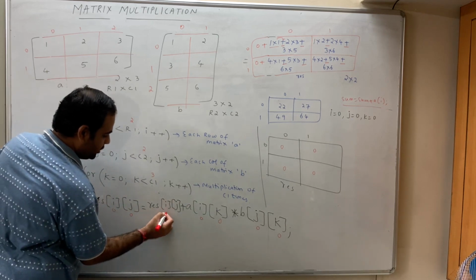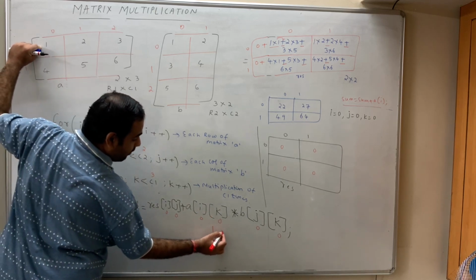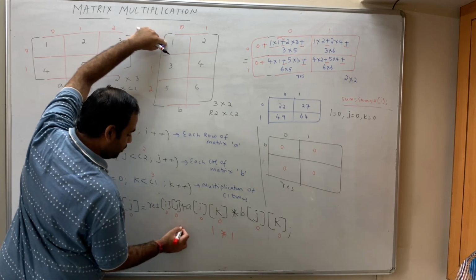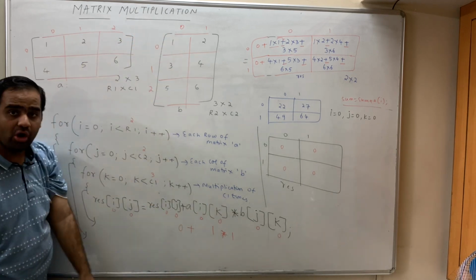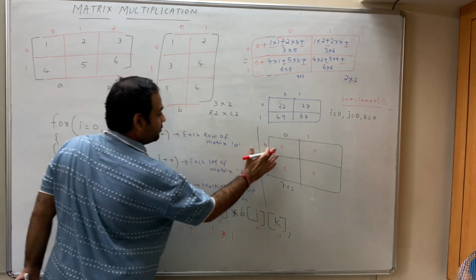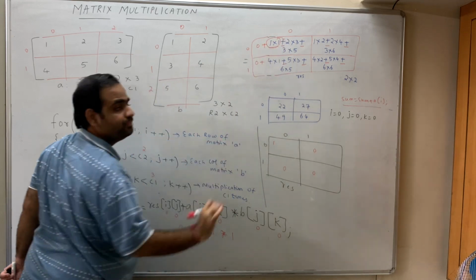Now the value of I is 0, J is 0. Now A of 0, 0 is 1 multiplied by B of 0, 0 is 1, and it is added to result of 0, 0, which is 0. 0 plus 1 into 1 is 1, and you are storing 1 in result of 0, 0. That means you got this particular value.